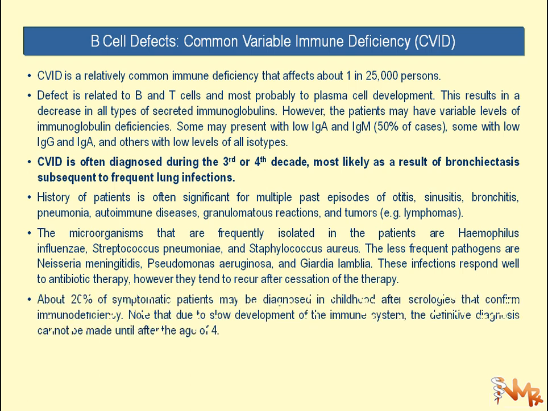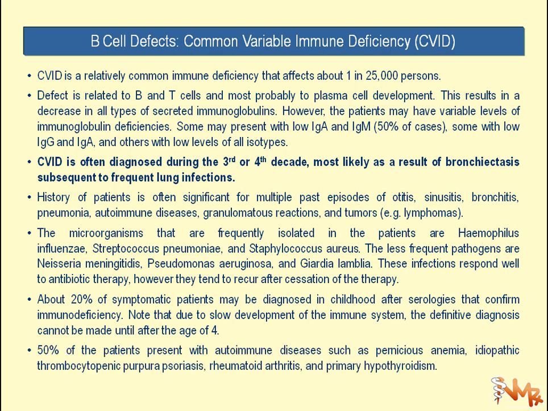About 20% of asymptomatic patients may be diagnosed in childhood after serologies that confirm immune deficiency. Note that due to slow development of immune system, the definitive diagnosis cannot be made until after the age 4. 50% of the patients present with autoimmune diseases such as pernicious anemia, idiopathic thrombocytopenic purpura, psoriasis, rheumatoid arthritis, and primary hypothyroidism.